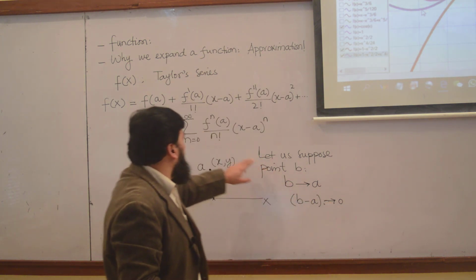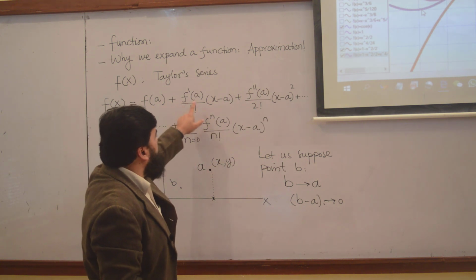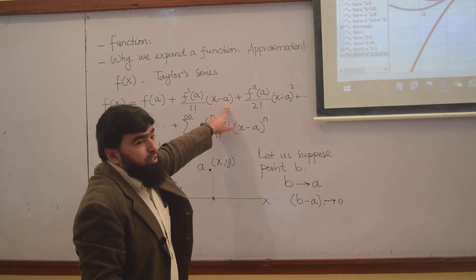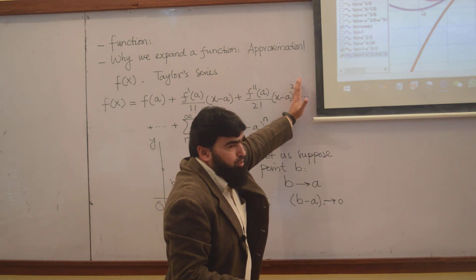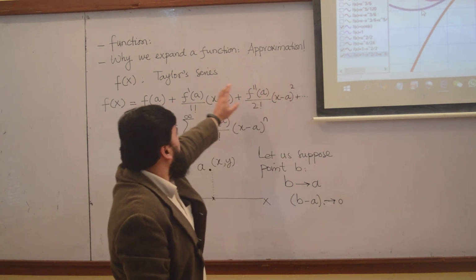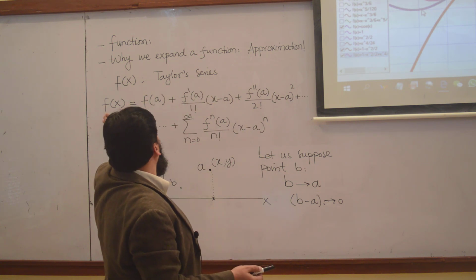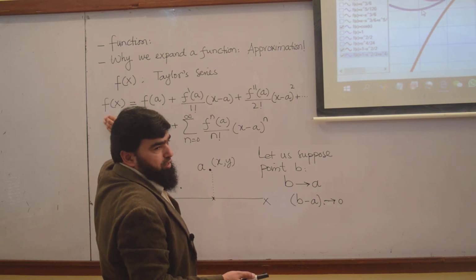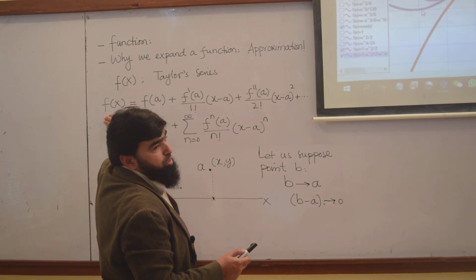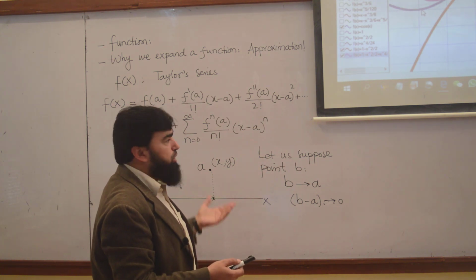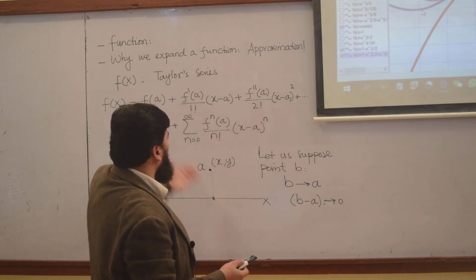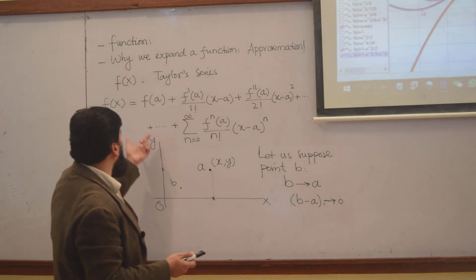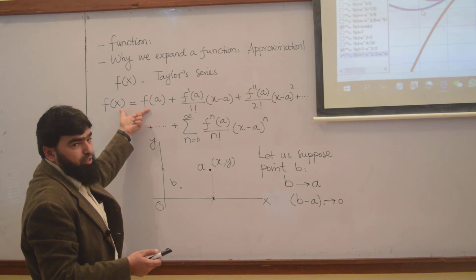So that's why when we expand the function, we see up to how many polynomial terms we go to get this function. It always depends how much accuracy we need. The more accuracy we need, the more terms we will go. If we need less accuracy, then we just approximate the function.